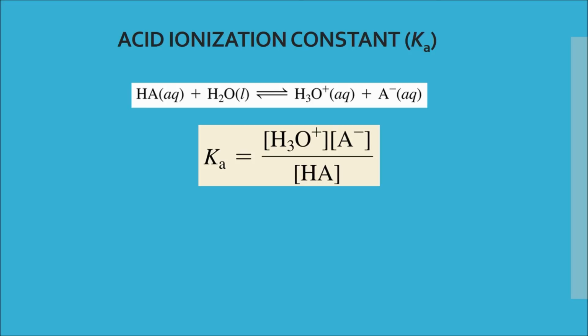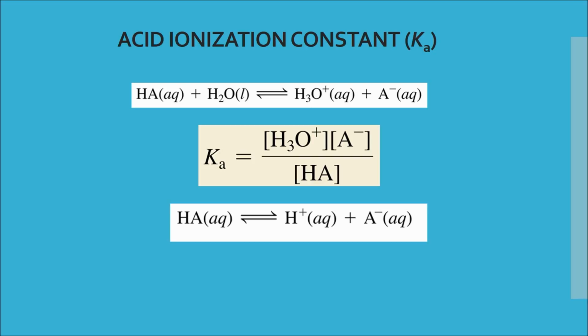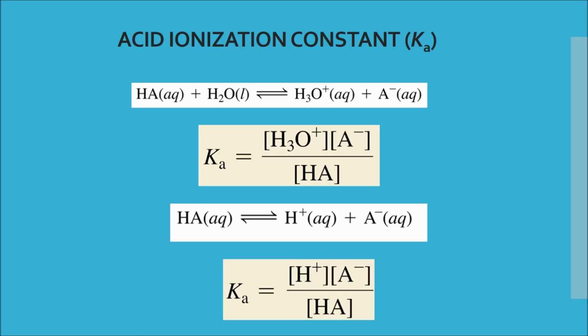So for a generic acid HA, the Ka is equal to the concentration of the H3O plus ions multiplied by the concentration of the A minus ions, those are the dissociated ions, divided by the starting concentration of that acid. And it's the same way, HA dissociates to form H plus and A minus, and this is the generic equation for the Ka of an acid.